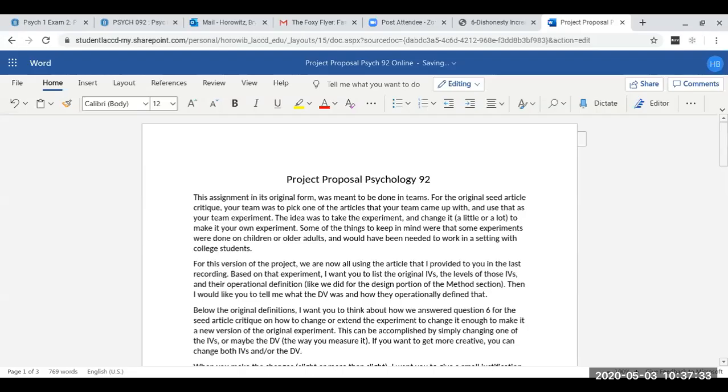This can be accomplished by simply changing one of the IVs or maybe the DV, the way you measure it. If you want to get more creative, you can change both IVs and the DV, as long as it has to do with something close to cheating, as long as I can figure out how you got from this seed article that we just went over to the new one that you're proposing. How did you make the leap from point A to point B?